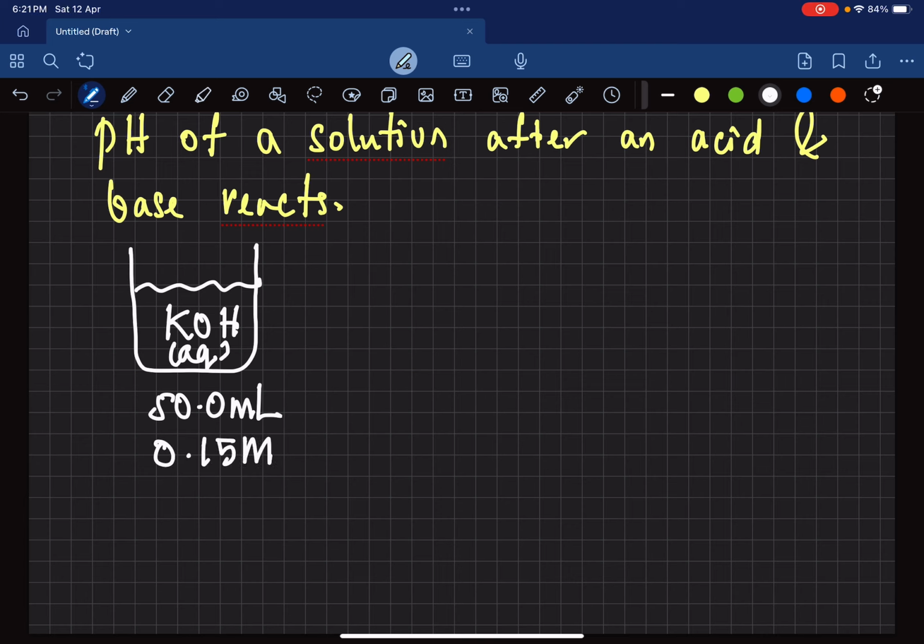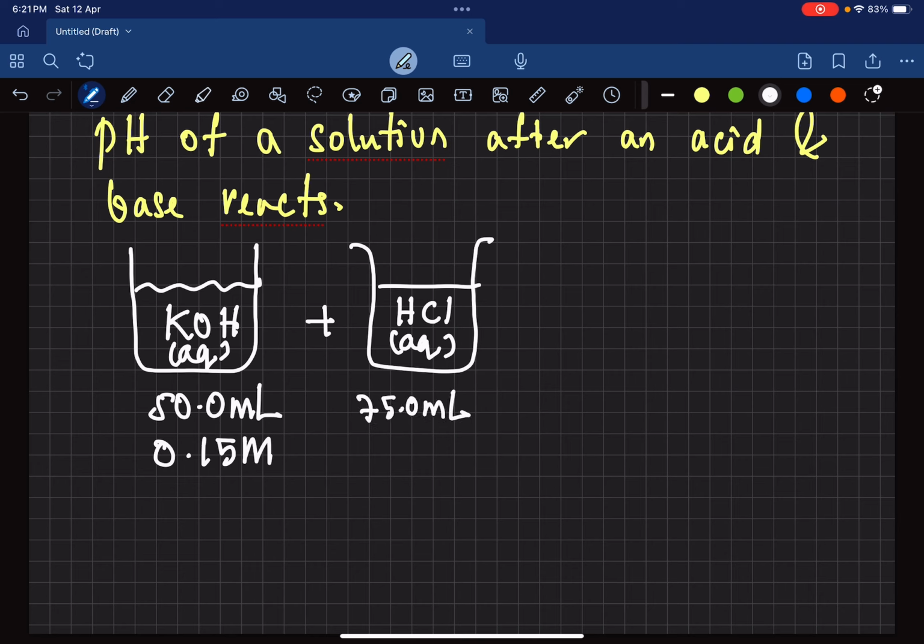Then we're going to mix it with another solution, and let's say this solution is HCl. So we're going to take an acid and react it with a base, and let's say this is 75 ml and 0.12 molar.